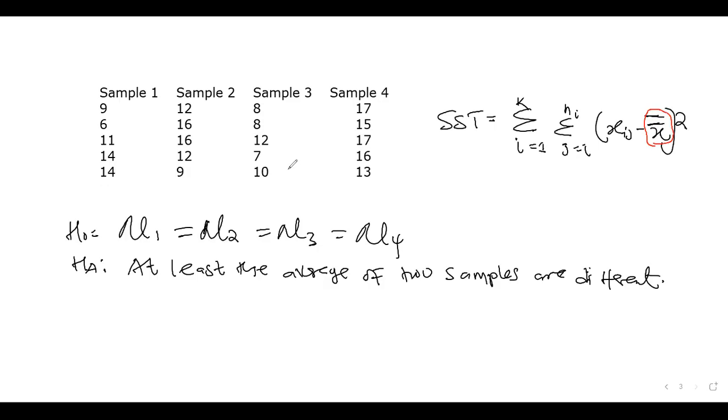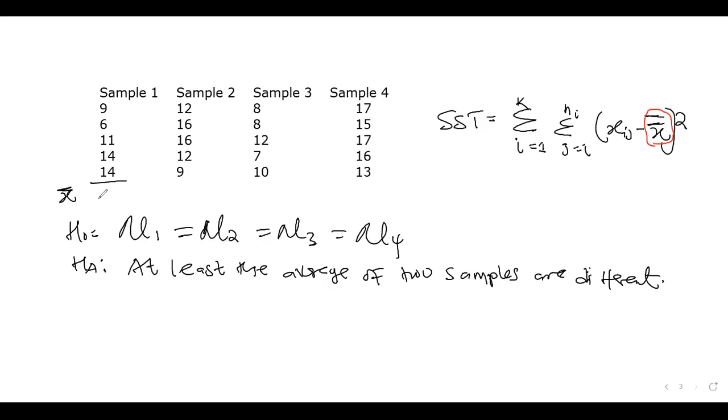Another simple way to find the grand mean is that you can do the means step by step, all right? So please, what I'm writing is not total, it is the mean, okay? So the mean for sample 1, you add 9 plus 6 plus 11 plus 14 plus 14, then you divide by 5 because there are 5 of them.